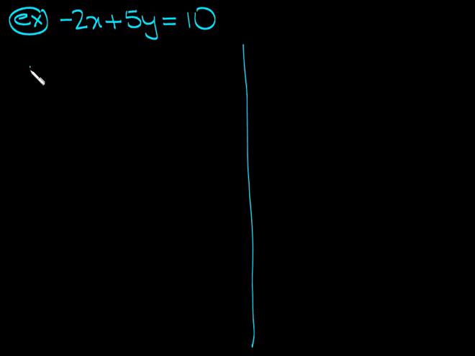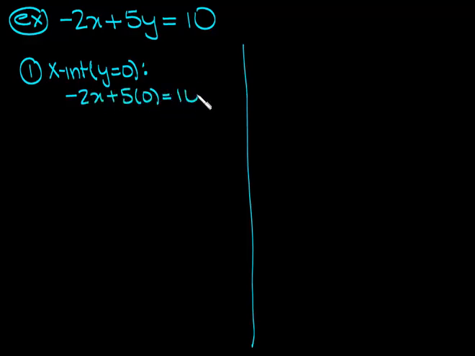The second method is to find the x and the y intercepts. So to find the x-intercept, what do we do? We set y to 0. So we get negative 2x plus 5 times 0 is equal to 10. So you get negative 2x is equal to 10. So we get x is equal to negative 5.